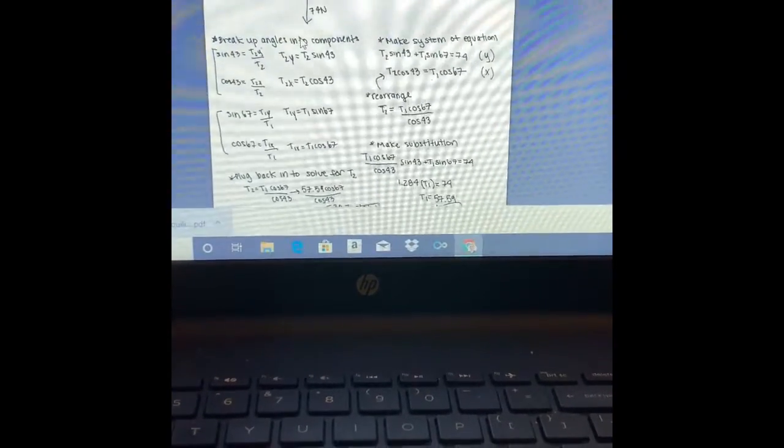The x is just setting both x equations together, so the T1x and the T2x. The y equation is both y's have to equal 74. Okay, so that's the trick.